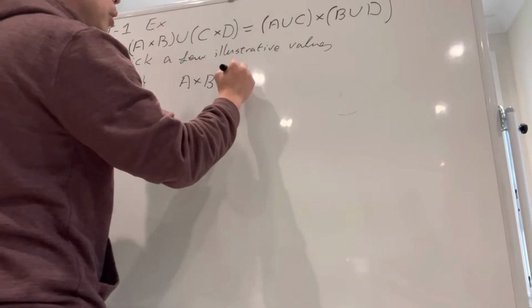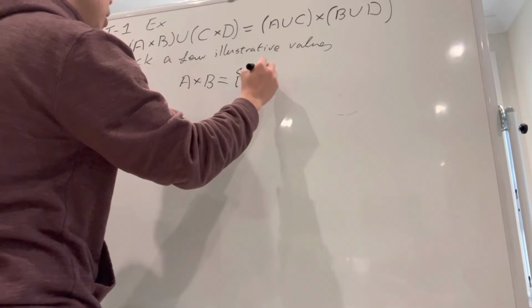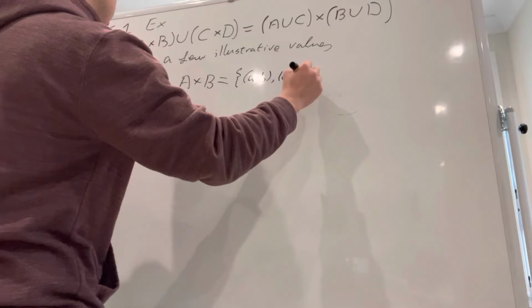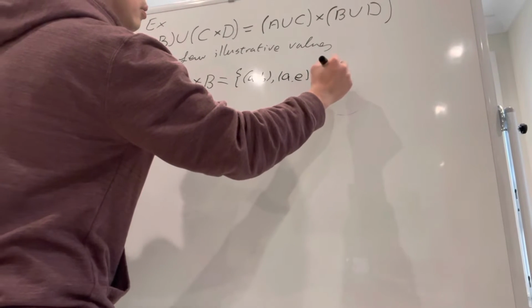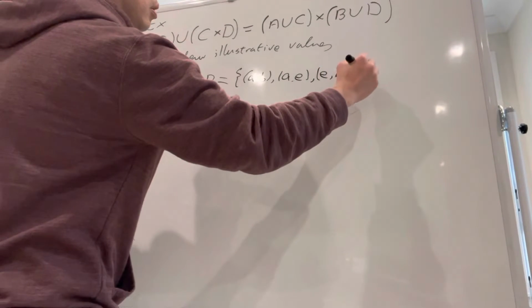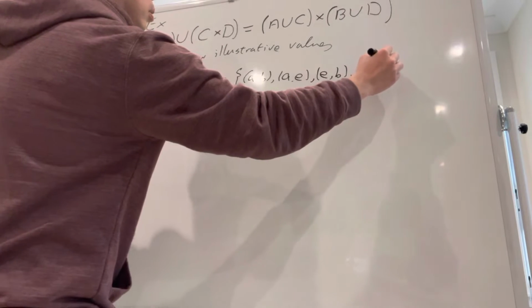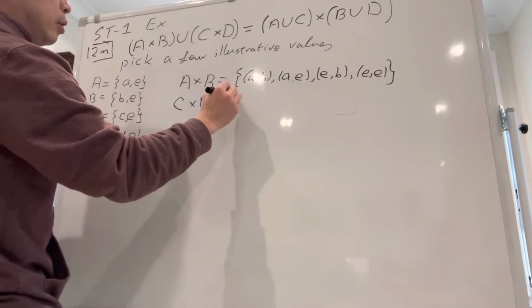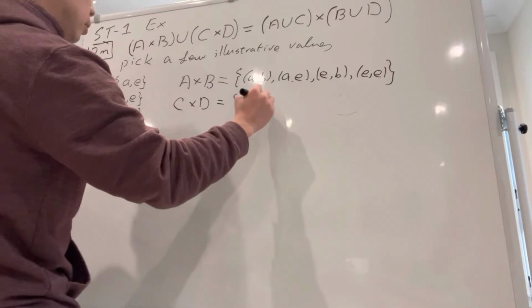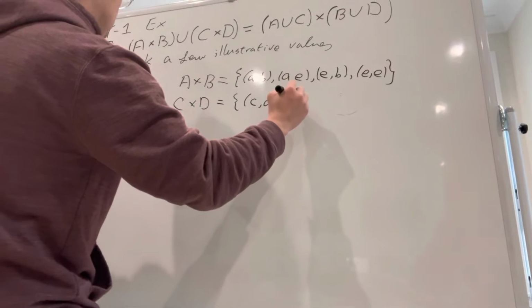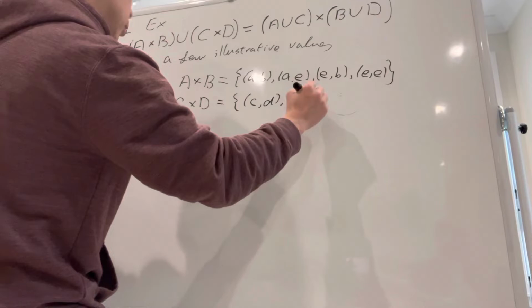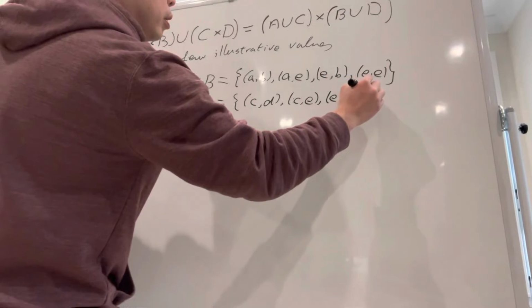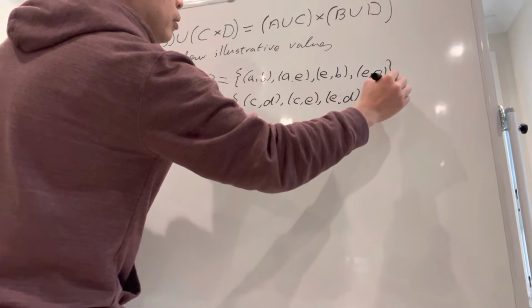So this A cross B, therefore, is AB, AE, EB, EE. And then similarly, for C cross D, you're just going to write it out: CD, CE, ED, and EE.